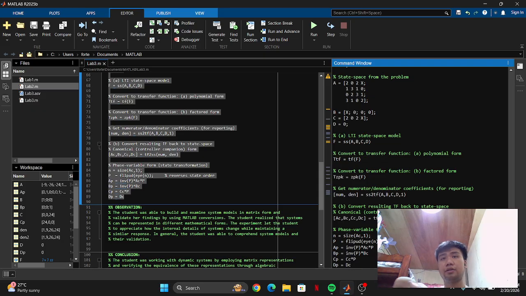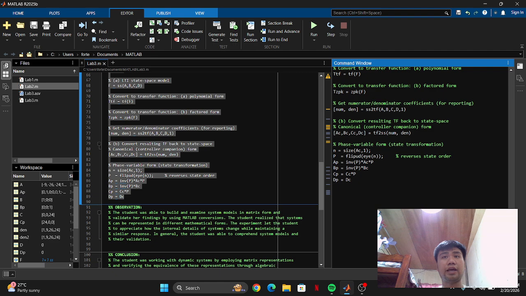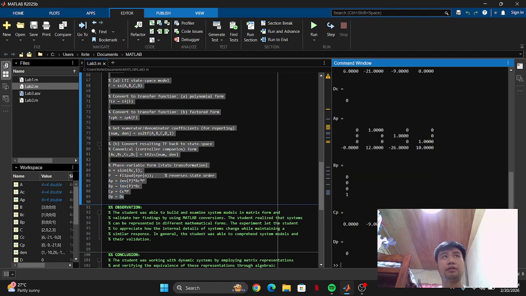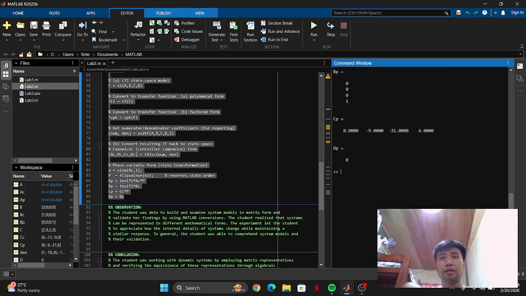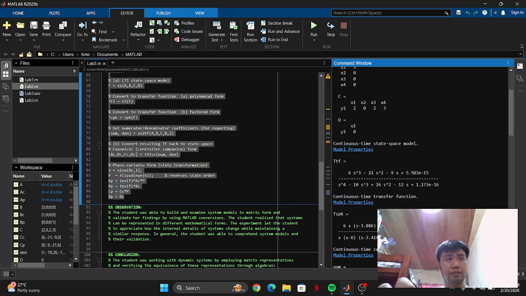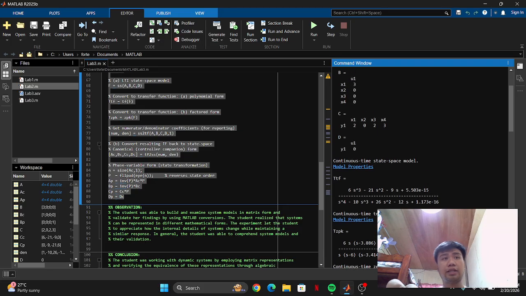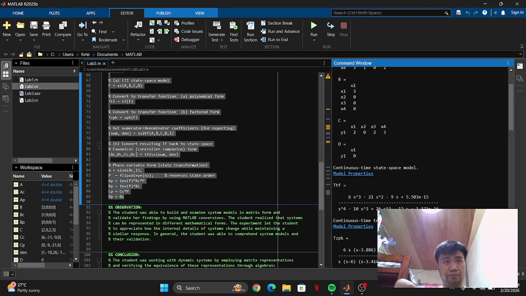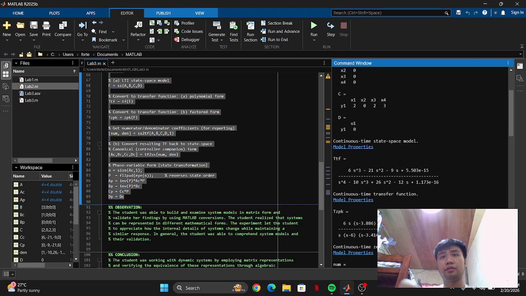And then after running this code that I have created, I expected a result of T(s) = (9s^2 - 21s - 9) / (s^3 - 10s^2 + 26s - 12).